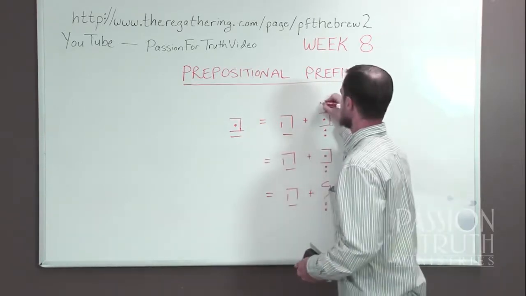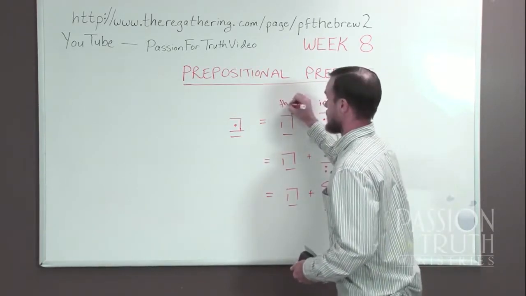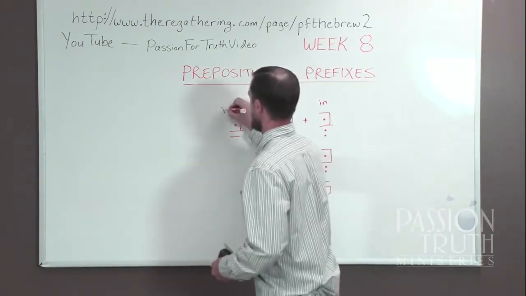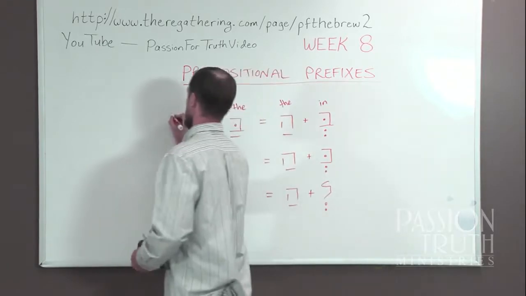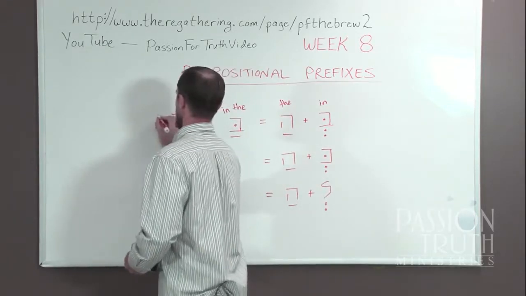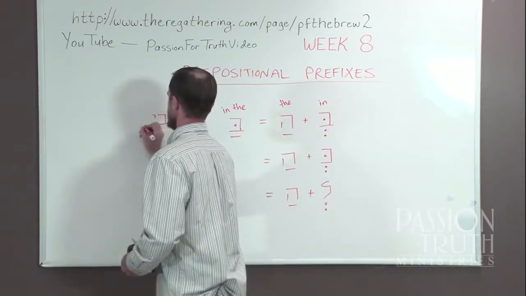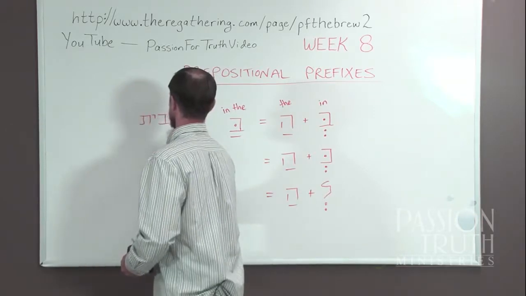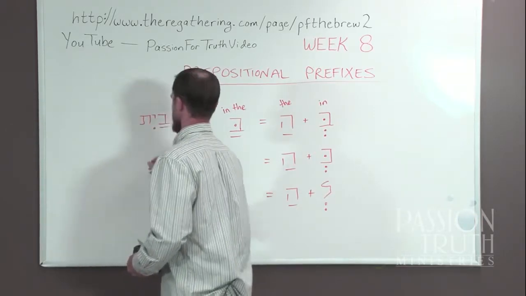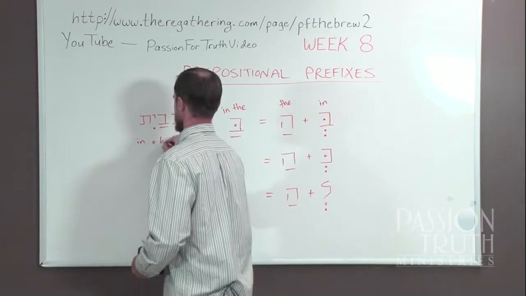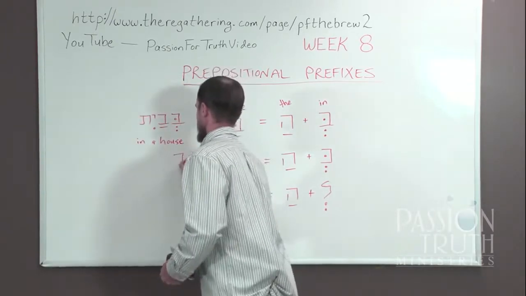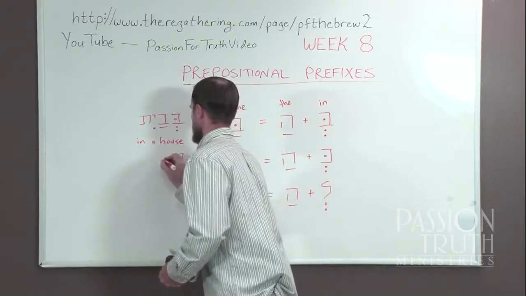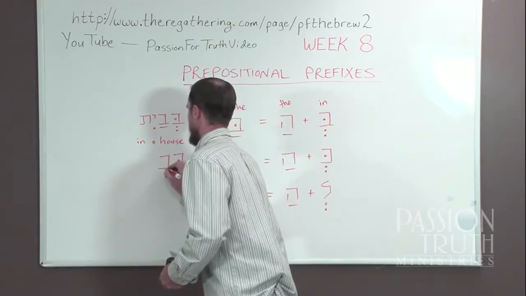Also, drop the ha. Yes, the hey drops off entirely. So in a house would be bebayit. This is in a house. In the house would be babayit.